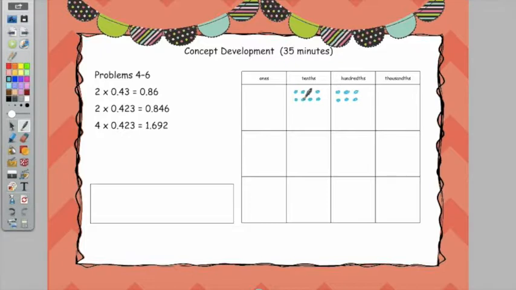Let's go down to the next row. This is 2 copies of 423 thousandths. Start with 1 copy. Now, you might not think this is going to happen, but I'm actually going to teach you something new today. So don't start daydreaming. So there's 1 copy of 423 thousandths.